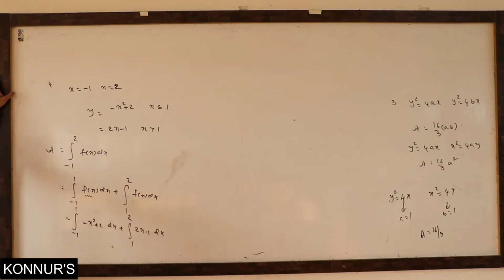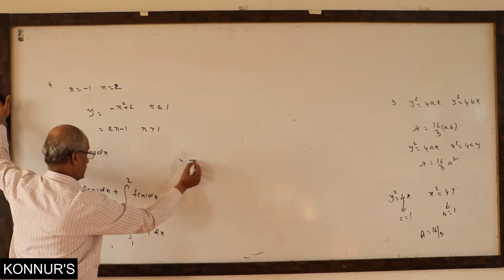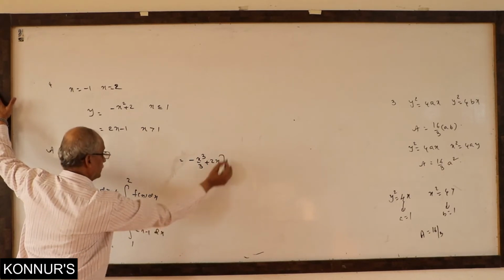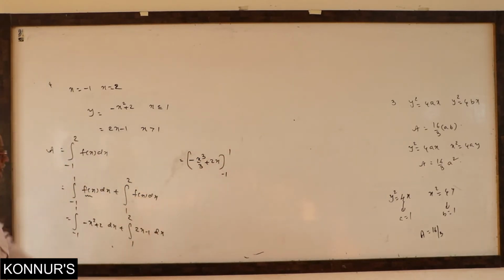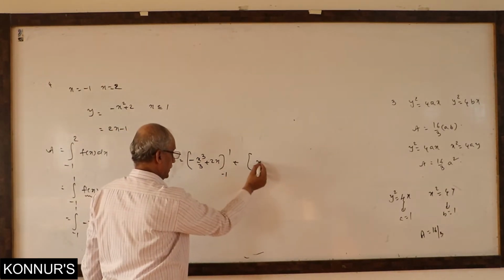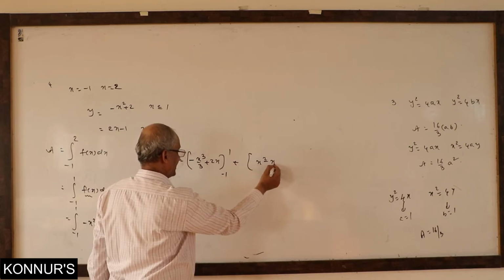The answer is almost finished. What is the integration here? Minus x cube by 3 plus 2x between minus 1 and 1, plus x square minus x between 1 and 2.